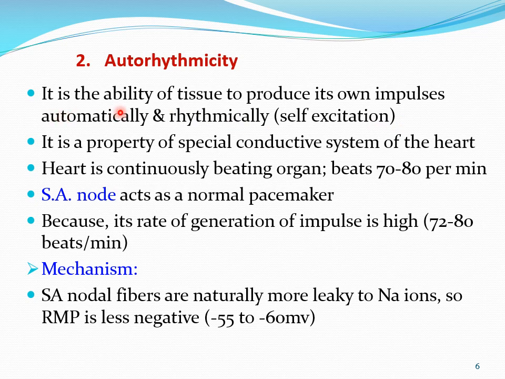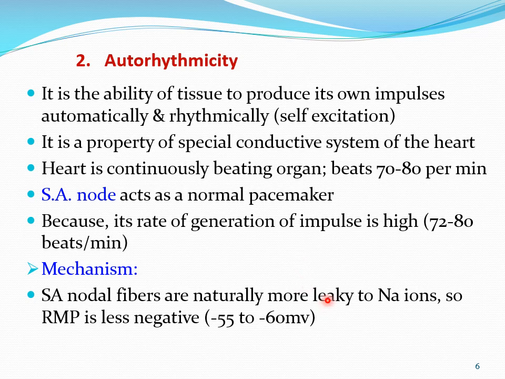Heart muscle shows this property, that is, there is generation of the impulse automatically and rhythmically, and it is particularly the property of the special conductive system of the heart. You know, the heart is a continuously beating organ, and it beats about 70 to 80 beats per minute.